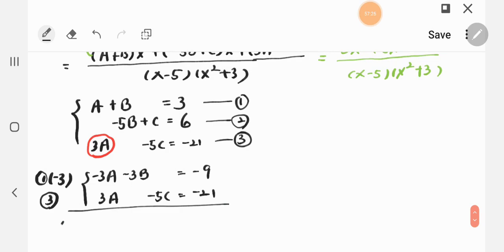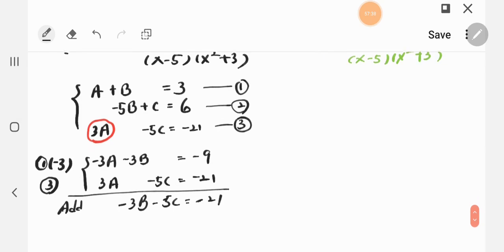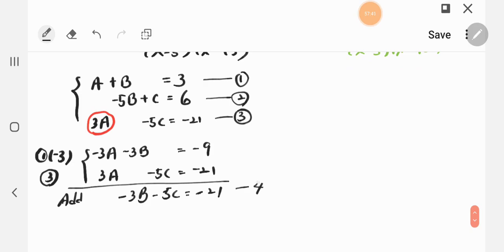Add it. Then the a term cancels out, and we get negative 3b minus 5c equals negative 21. Okay, let's say this is equation 4.